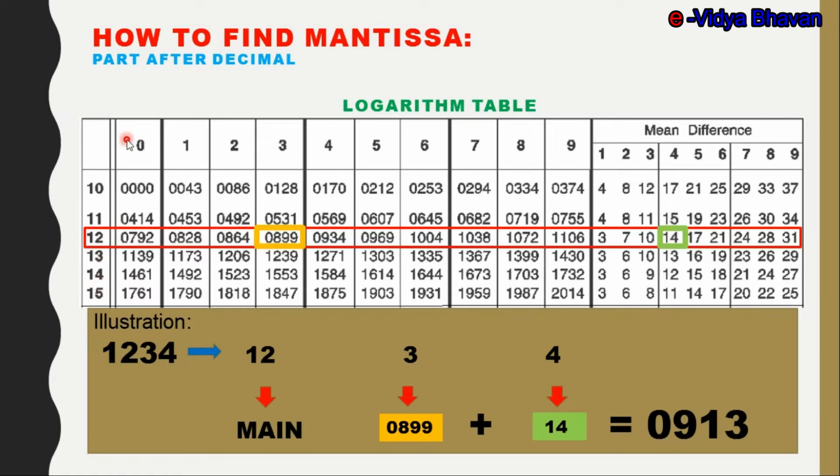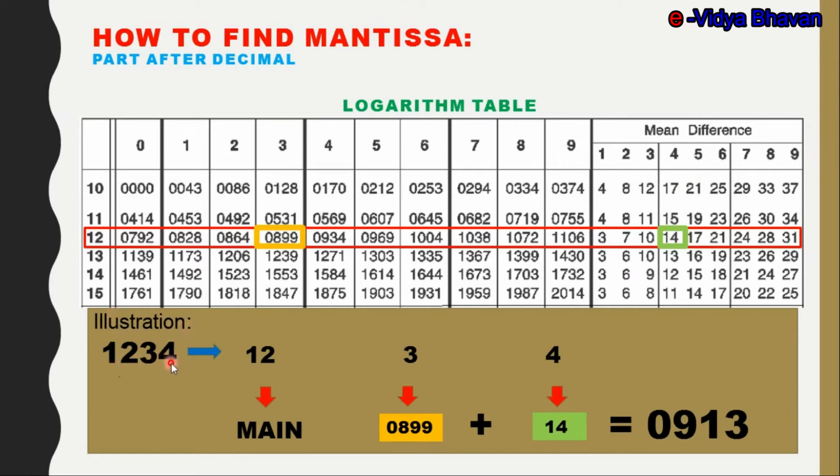Then this is the second part, 0 to 9. This is called the difference table. And then lastly we have 1 to 9, and this is called the mean difference. So again to repeat, this is the main table, this is the difference table, and lastly this is the mean difference table.